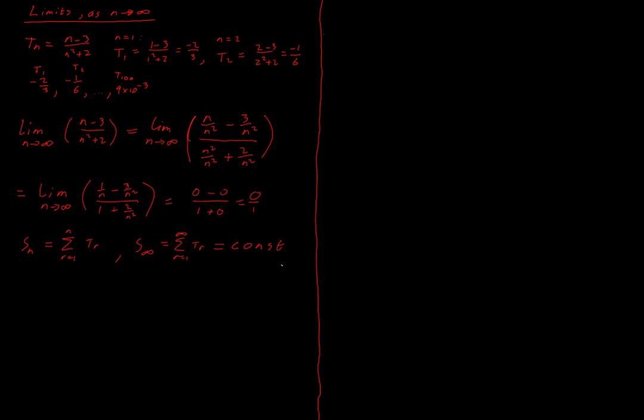It adds up to just a number, because as we get into really large values of n, they stop really mattering. They end up being basically 0, and we don't care about them anymore, and we end up with the sum of an infinite number of terms actually being just some number, which we call a constant.